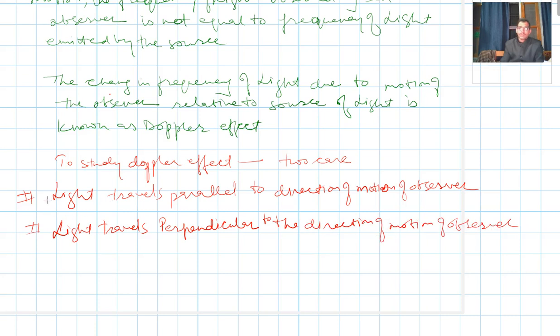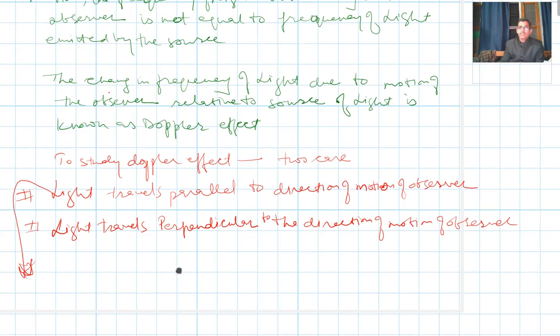First of all, let me discuss the case when light is traveling parallel to the direction of motion of the observer. For this, let us draw a diagram.